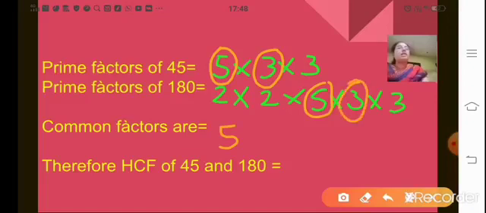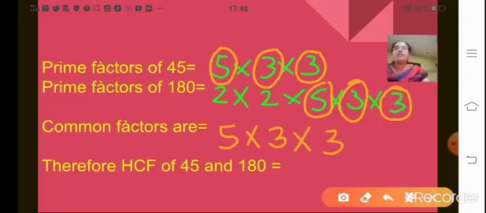One more 3, it is there here and there here also. So it is common. Now when you multiply, 5 threes are 15 and 15 threes are 45. So what is the HCF? HCF of 45 and 180 is 45.